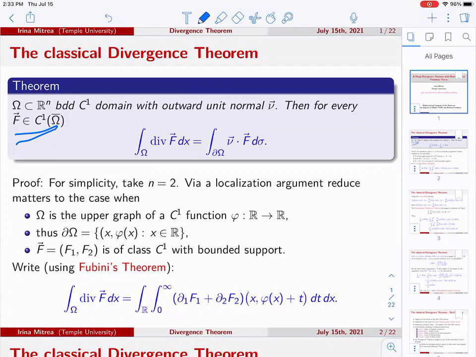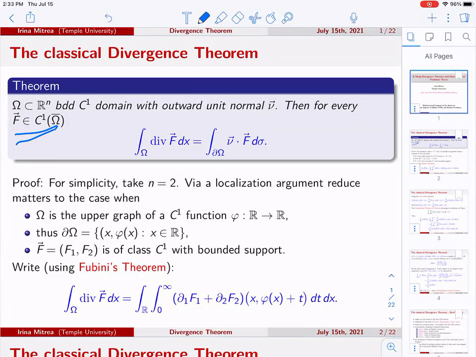Then the integral over the domain omega of the divergence of F with respect to X is the integral on the boundary of the inner product between the unit normal vector nu and the vector field F, with respect to the surface measure.